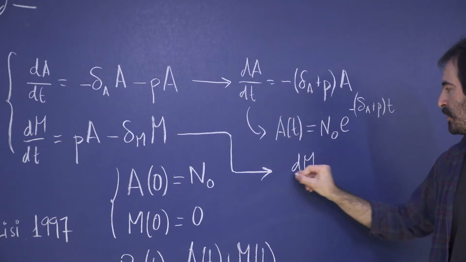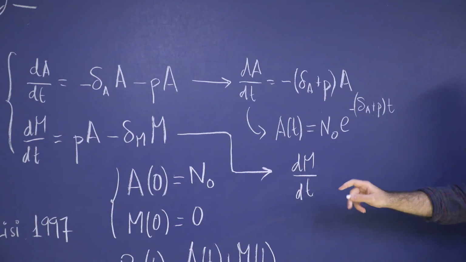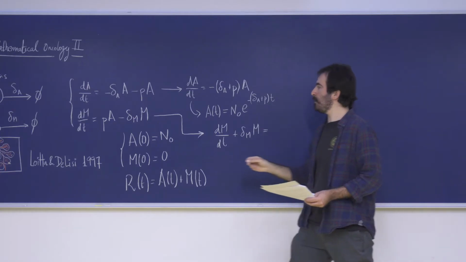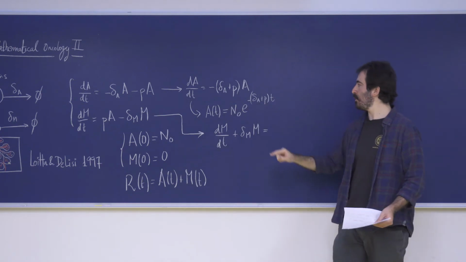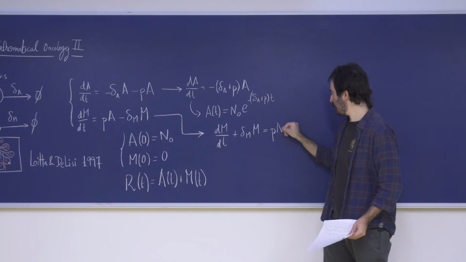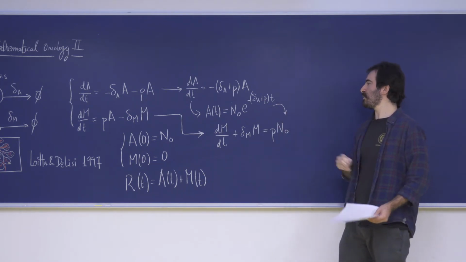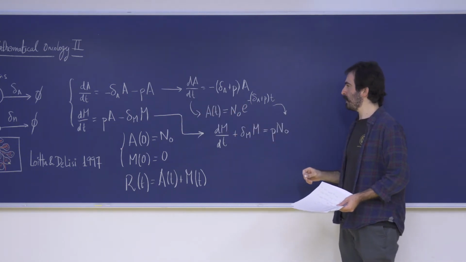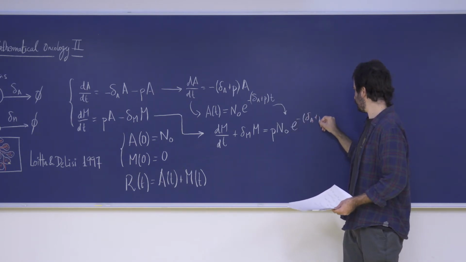In this case, I'm just going to bring the decay term to the left-hand side, and this is what I'm going to get, while keeping this on the right-hand side, but using the fact that I now have the solution for the number of arrested cells over time. Notice that this is what I'm doing right here: I'm just substituting A in the ordinary differential equation for M, the metastatic cells, and that's all we get.